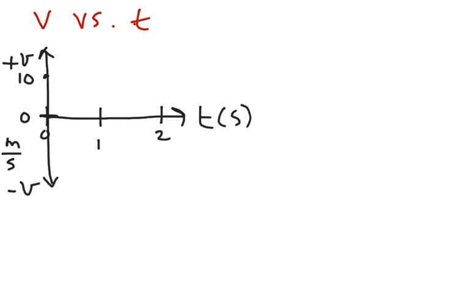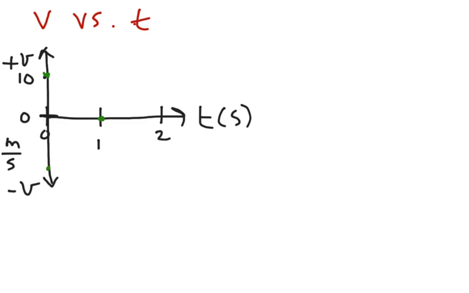Maybe I'm going to use green here. So the green was the 10. And then at 1 second, the ball is going 0 meters per second. And then it changes direction. It starts going in a negative direction. And at 2 seconds, that's when the ball is going 10 meters per second as well, but in the opposite direction. So that's going to be right here.